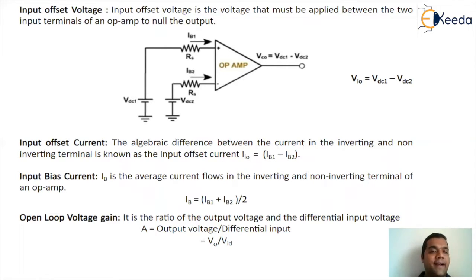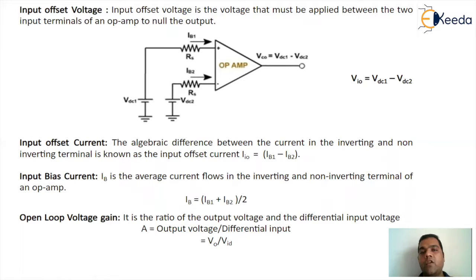Input offset current is defined as the algebraic difference between the currents in the inverting and the non-inverting terminals, given as IB1 minus IB2.